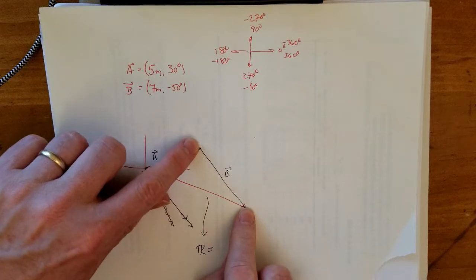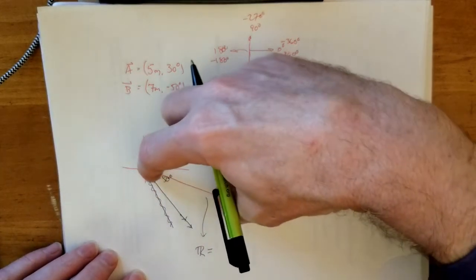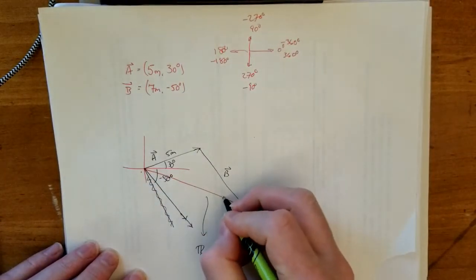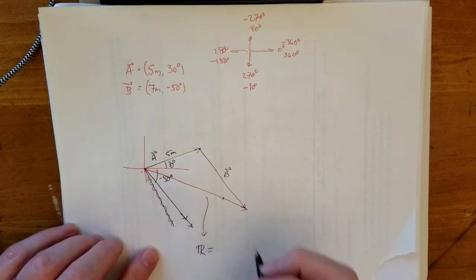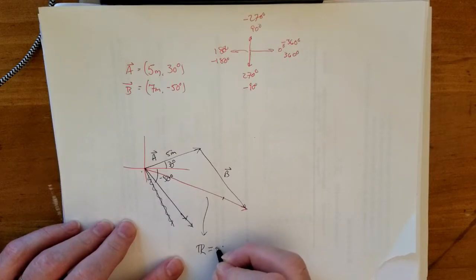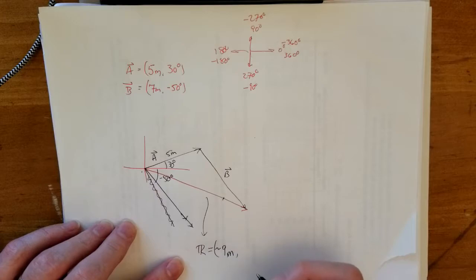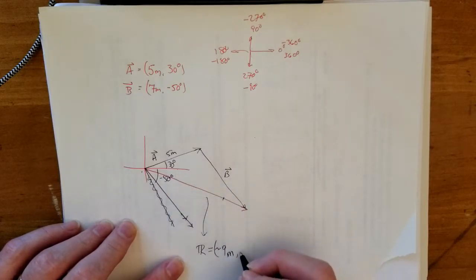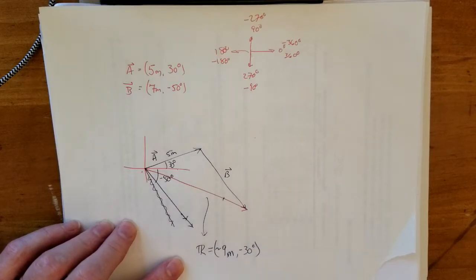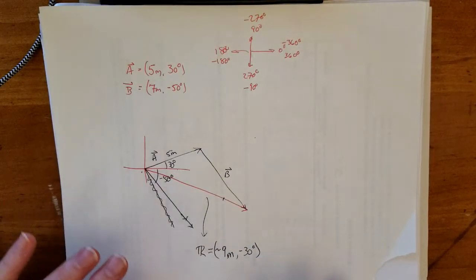If that's 7, 7 comes to about there. This tiny bit here, that's 7, it looks like about 2. So it's going to be roughly, very roughly, 9 meters. And my angle looks like about negative 30 degrees. So I have a crude approximation of what the answer is.